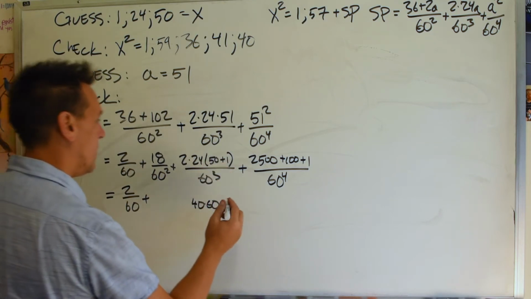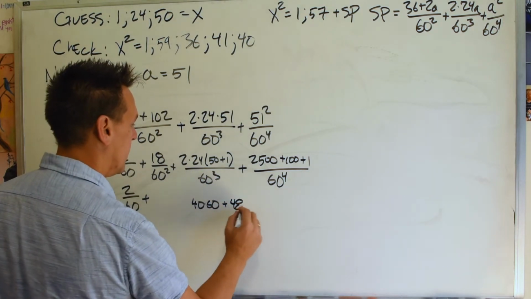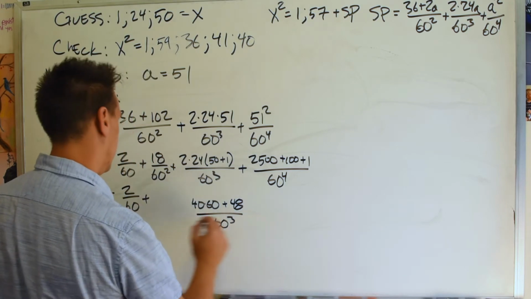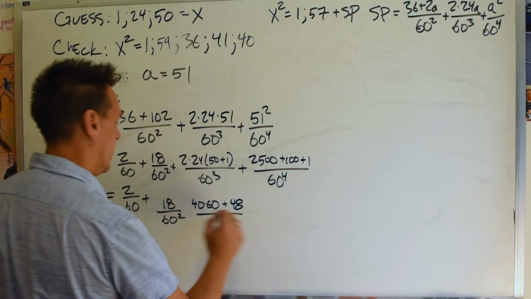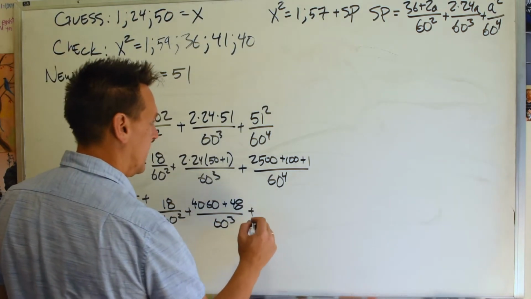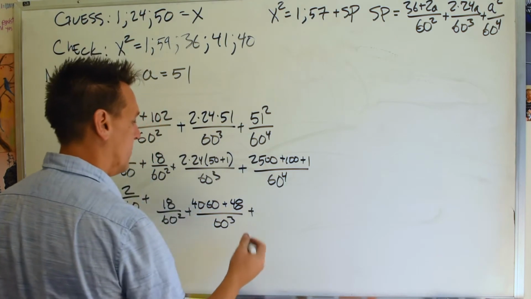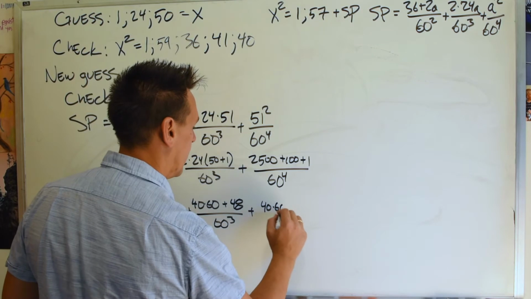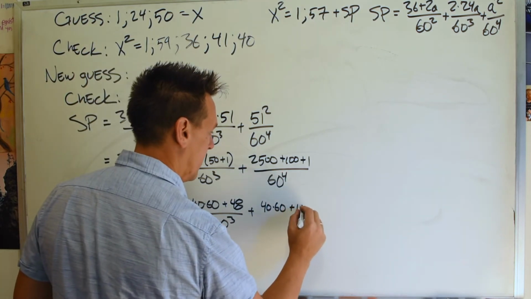Okay, and then we're going to get another 48. So not a whole other place. 60 cubed, and then 18 over 60 squared. And then this is 2,400, and so it's 40 times 60. And then there's going to be a 100 from there and a 100 from there.